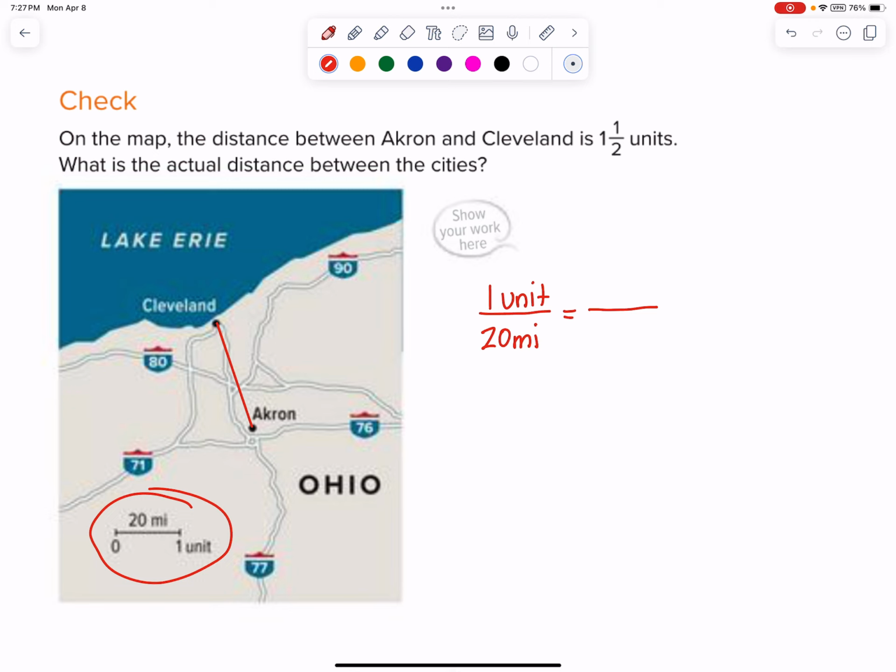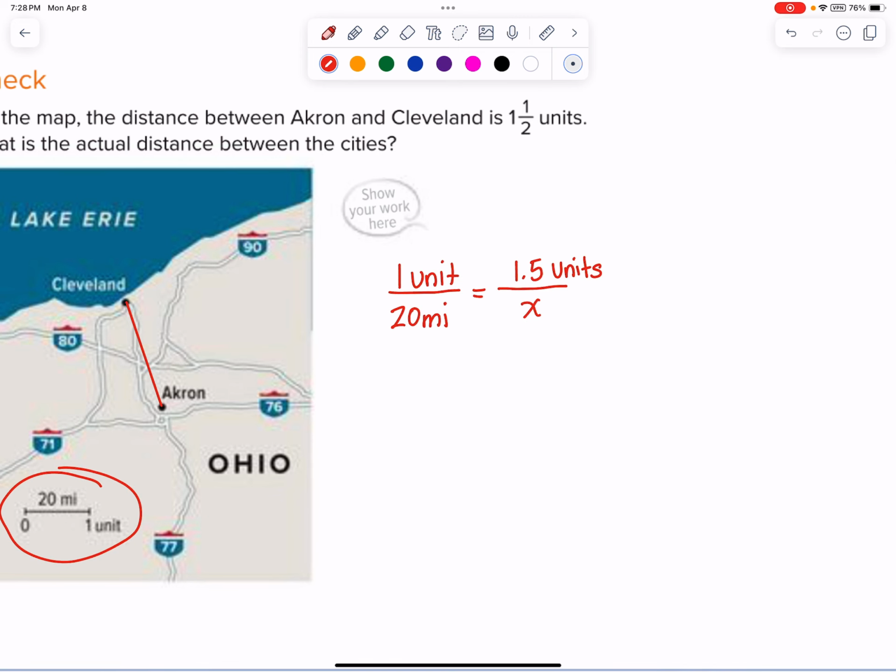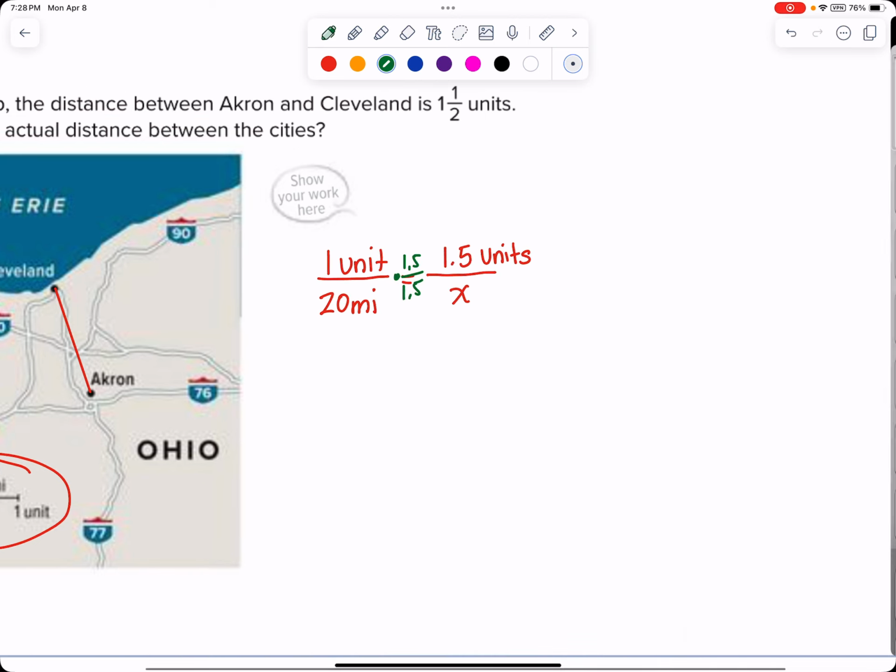Well, it's 1.5 units. So now units is on top. I'm just going to do 1.5 because it's going to be easier to work with. So 1.5 units, and we have distance, or I can just use X since they're not telling me what to use. So easy multiplier because we technically have a unit rate. So times 1.5 over 1.5, and that's going to solve X for us.